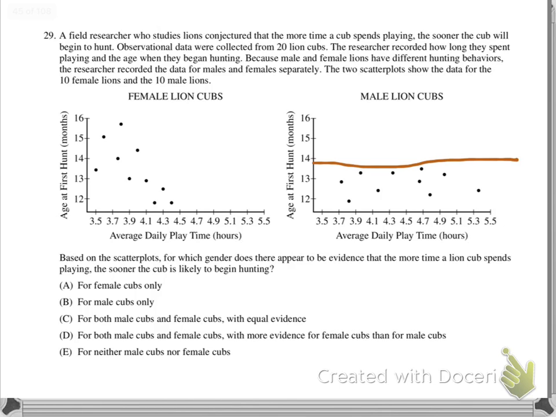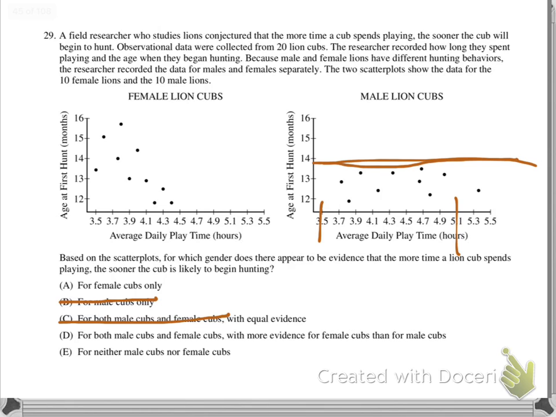Because whether they play for 3.5 or 5.1, they still all hover under 14 months that they start to hunt. So I don't think it really matters for males. So anything that has evidence for males in it, well, maybe D and maybe E.